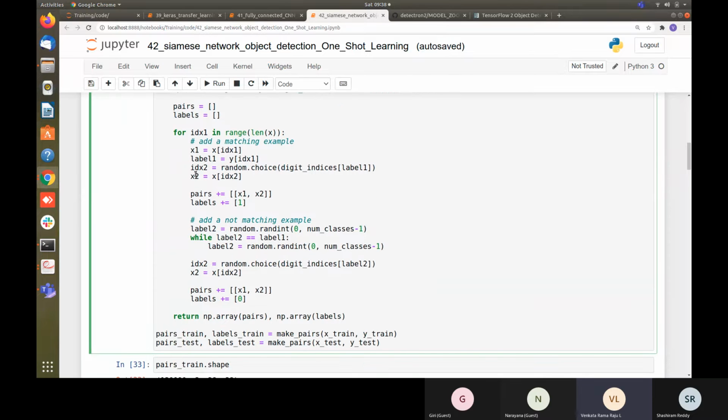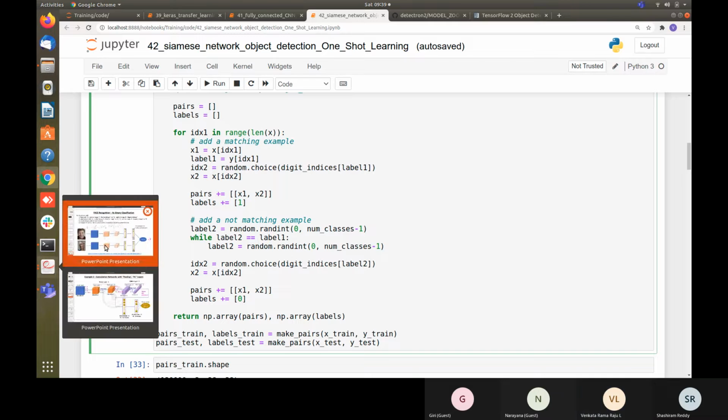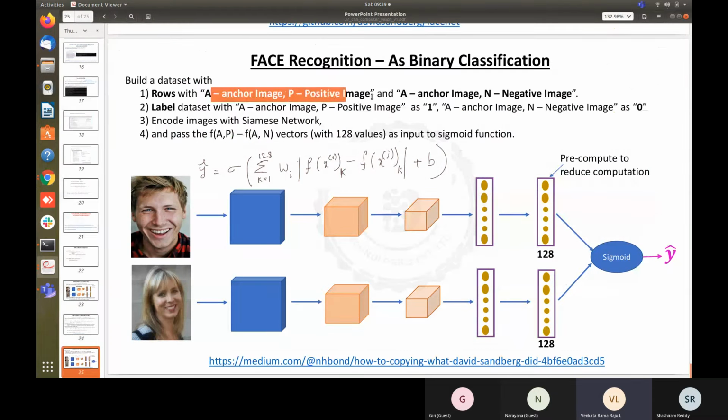Now I am forming the pairs. I have chosen one image belonging to that particular class. I need to form the positive record and the negative record, right?